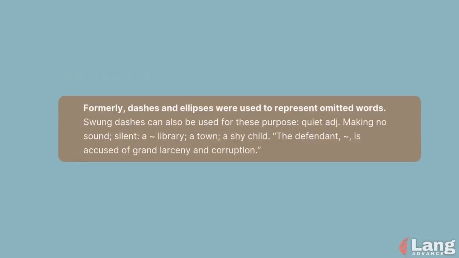Formerly, dashes and ellipses were used to represent omitted words. Swung dashes can also be used for this purpose. Quiet, adjective: making no sound, silent. A ~ library, a ~ town, a ~ child. The defendant is accused of grand larceny and corruption.